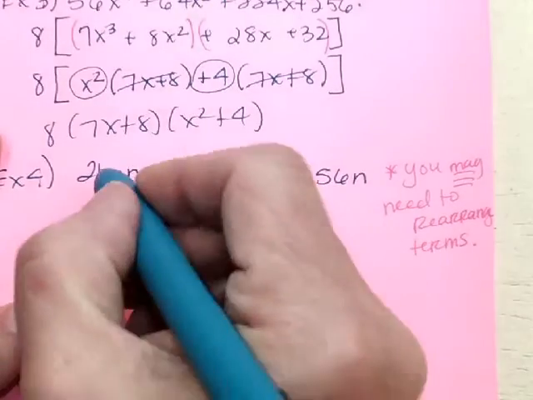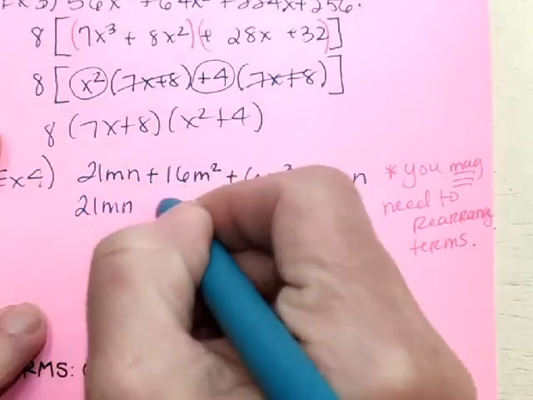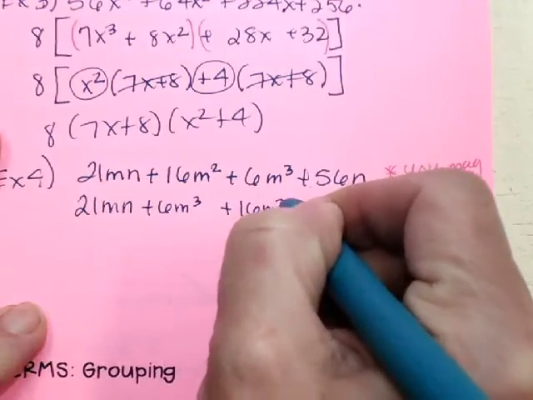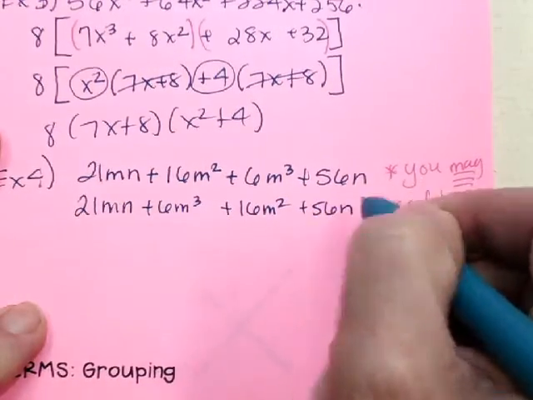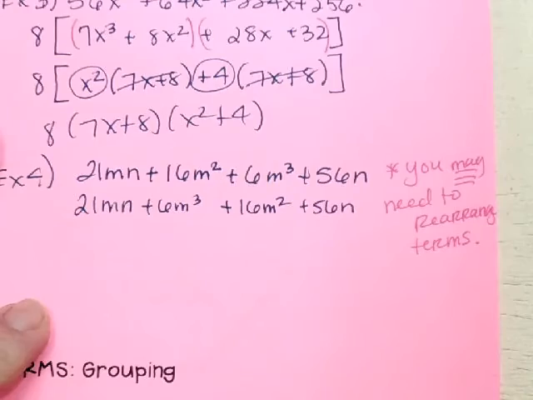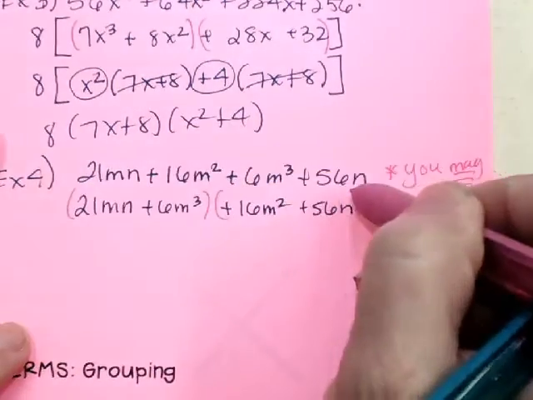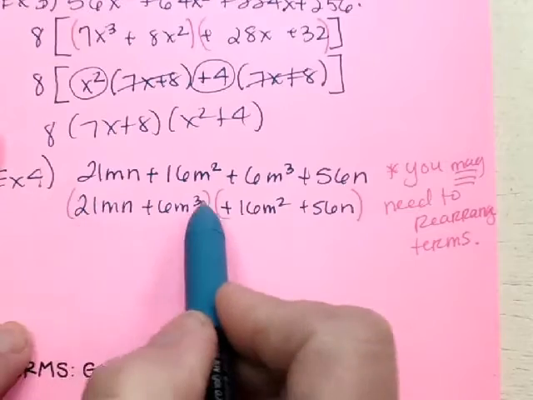So I'm going to do this. 21mn plus 6m cubed plus 16m squared plus 56n, because addition is commutative. I can rearrange. And now let's group them and see if that helps us. So what can I take out of here for my greatest common factor?